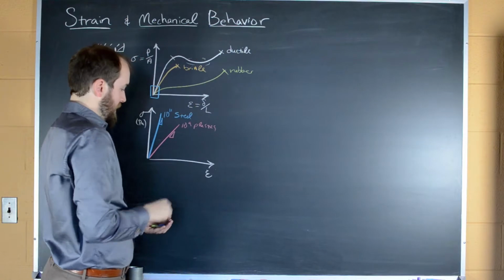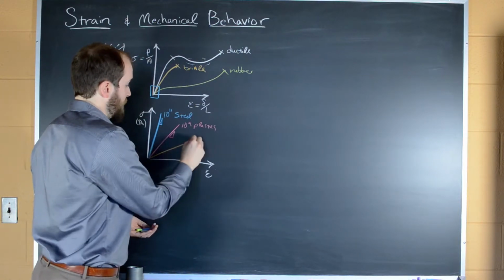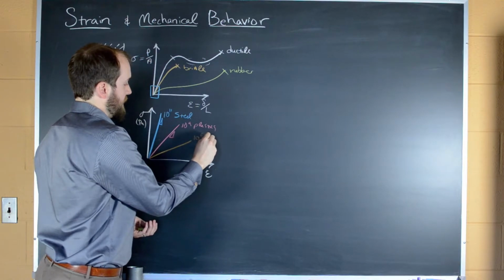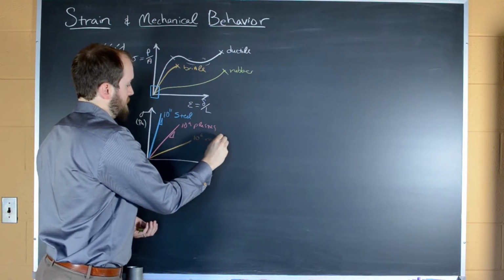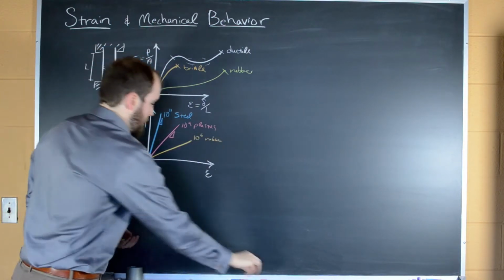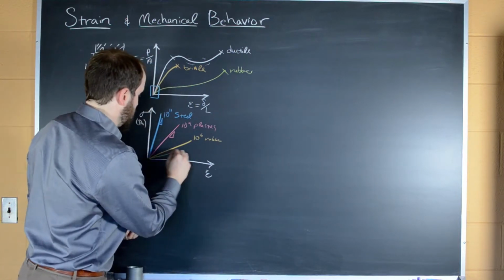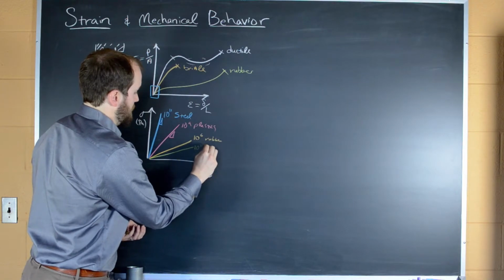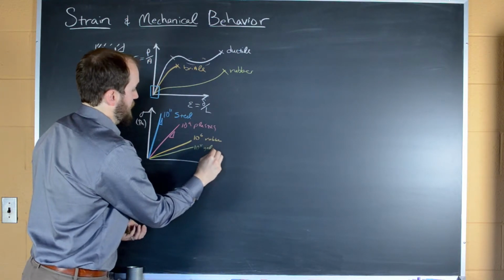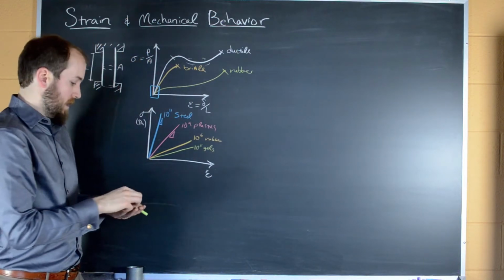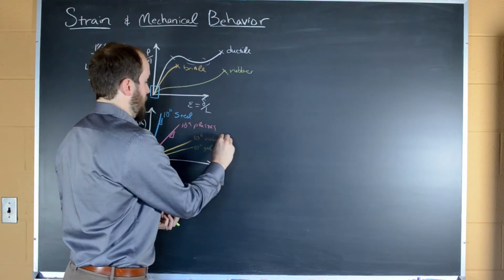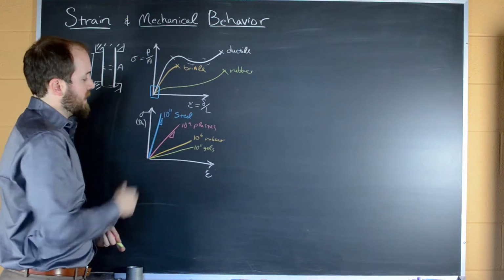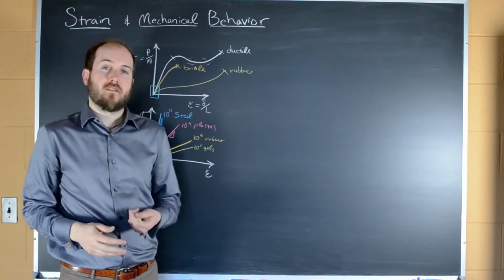Something like a rubber will be on the order of about 10 to the 6 Pascal. And something like jello or some biological tissues and other hydrogels will be on the order of about 10 to the 5. So you end up going from kind of the tens of gigapascals down to the tens of kilopascals.